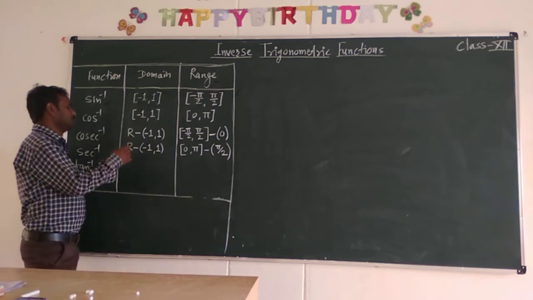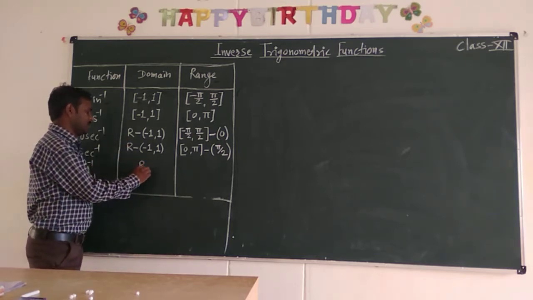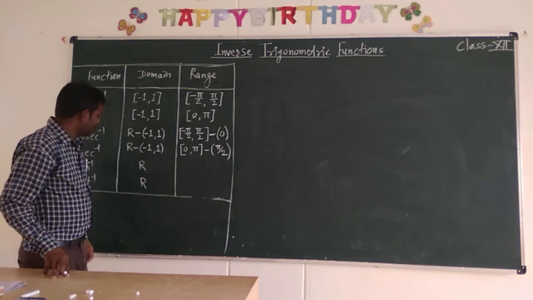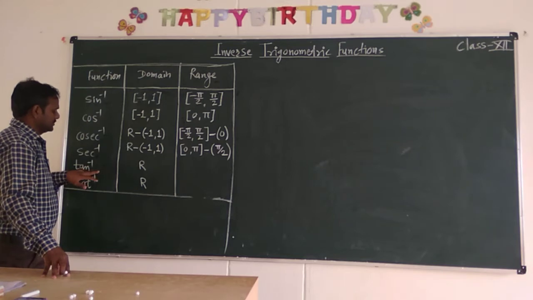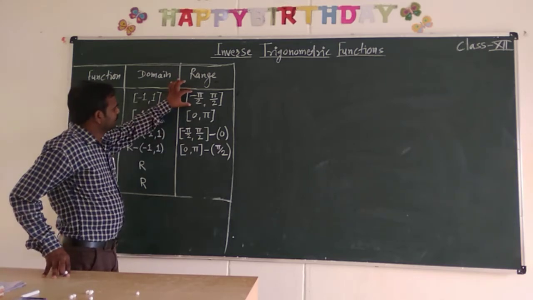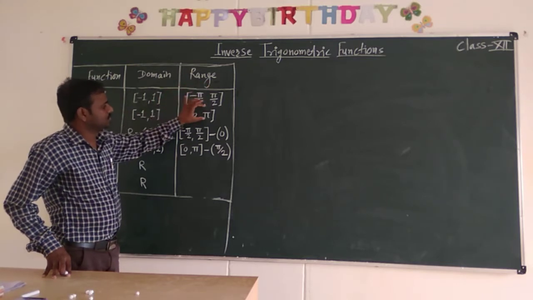Again, the last two functions are tan inverse and cot inverse. The domain of these two functions is R, and the range of tan inverse and cot inverse is again like the range of sine inverse and cos inverse: -π/2 to +π/2 and 0 to π.